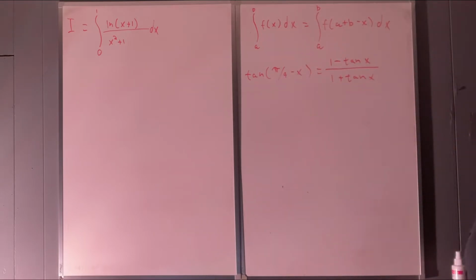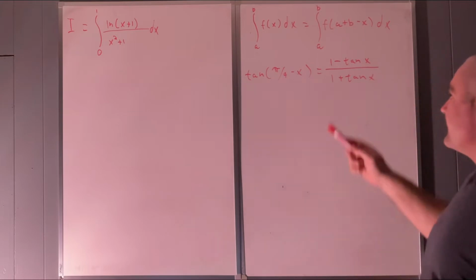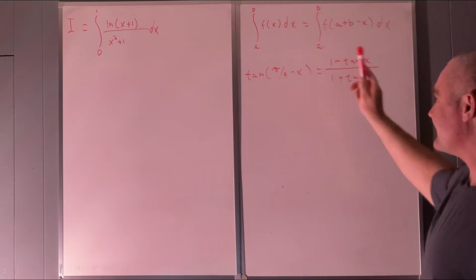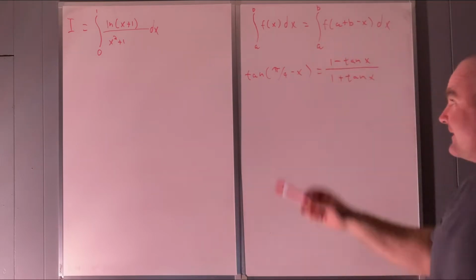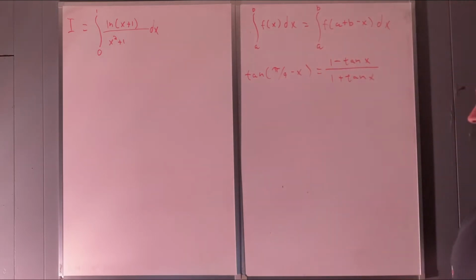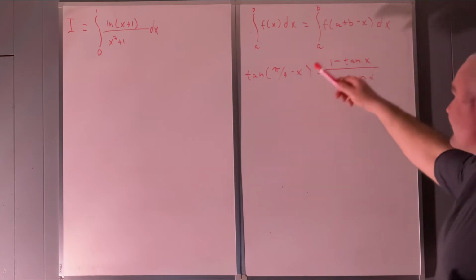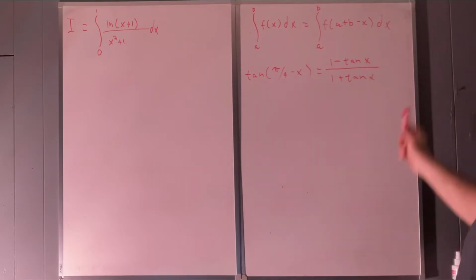Look it up on the internet if you want an explanation of why that's true. I'm not going to prove it right now. It's just the angle sum identities: this is sine over cosine of this, and then sine of a plus b has an identity, and cosine of a plus b has an identity, and it works out to be this. So anyway, these are the two tools we're going to be using to solve this.